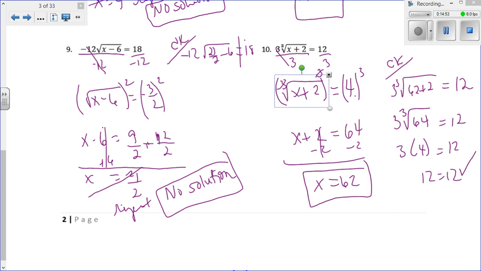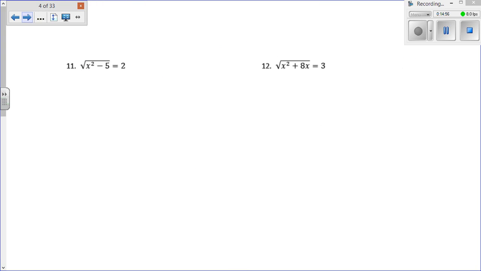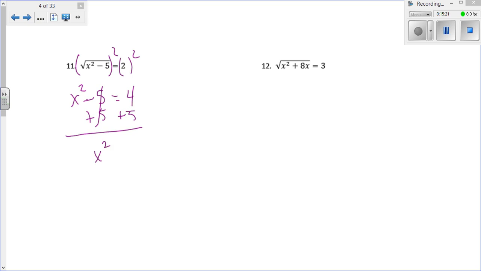All right, here we go. 11. Well, let's square both sides. And when I do that, I'll have x squared minus 5 equals 4. So add 5 to both sides. X squared is equal to 9.